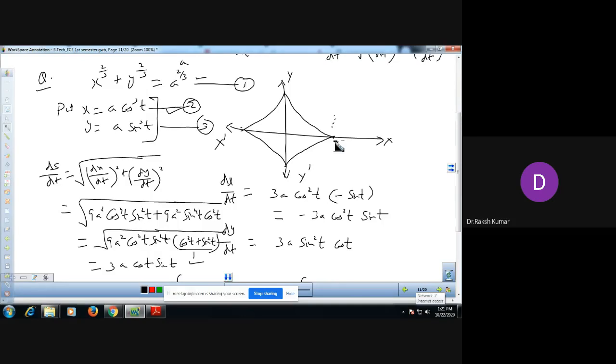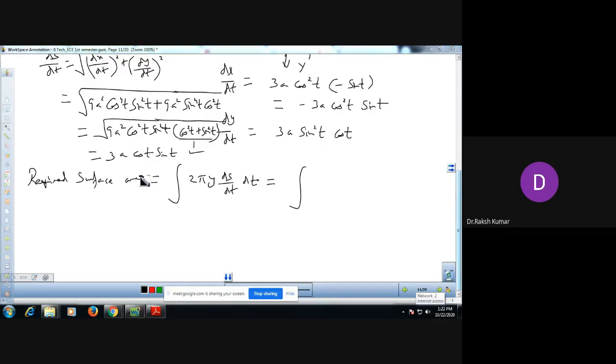So you can mark this as point A, and suppose this is point A dash, and at point A we have t equal to 0, and at point A dash t equal to pi. So ultimately we can write down the limits and substitute them in the integral, which comes out to be 0 to pi.